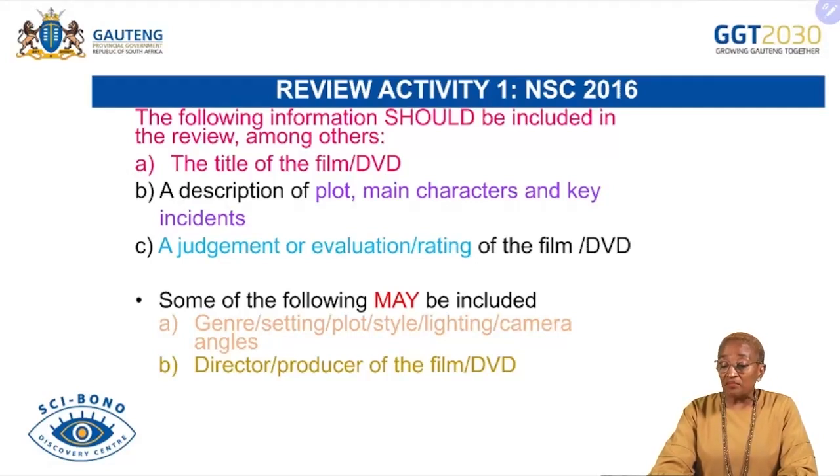Some of the following may be included: the genre, the setting, the plot, the style, lighting, camera, as well as the camera angles. The director, the producer of the film, or the producer of the DVD. They may also be included.